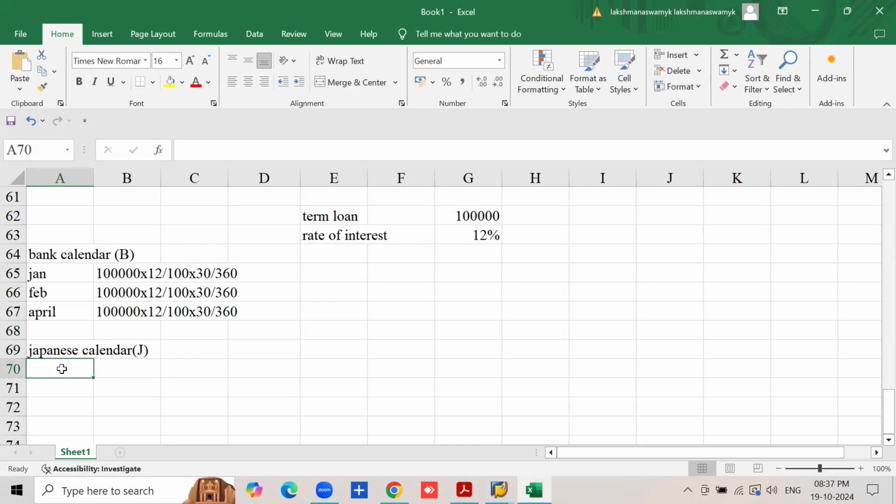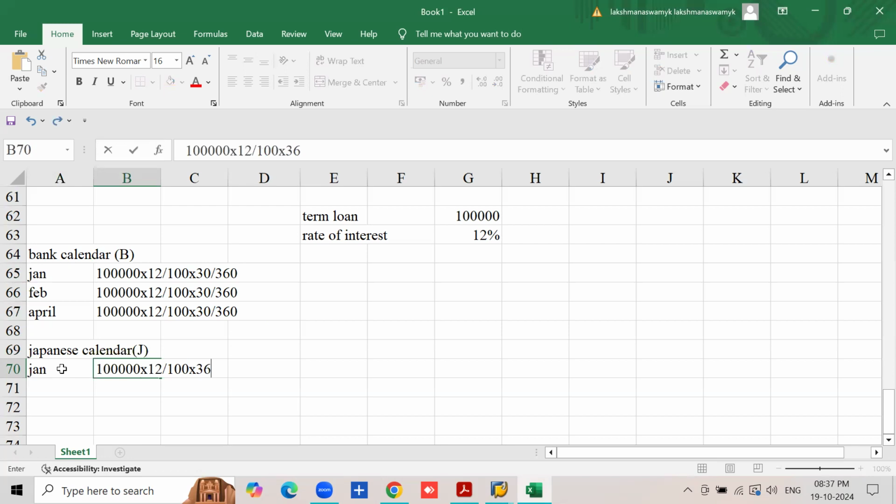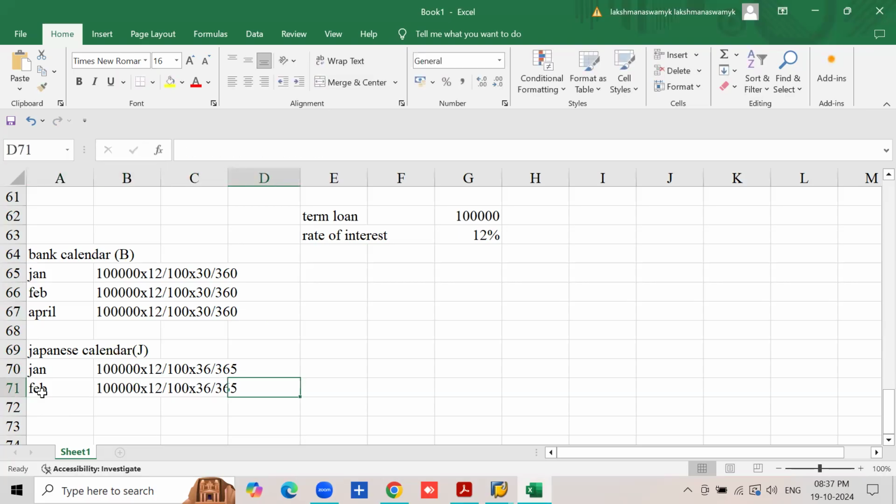Then in the case of the Japanese calendar, January: 1 lakh into 12 by 100 into 30 divided by 365. February: 1 lakh into 12 by 100 into 30 divided by 365.